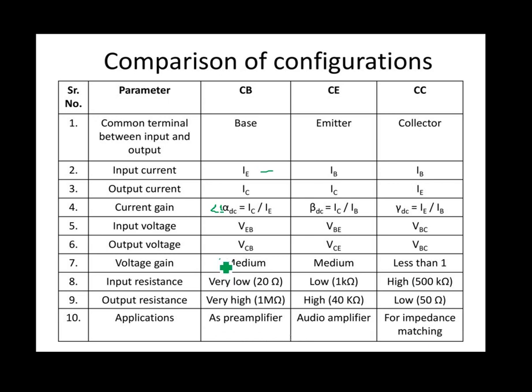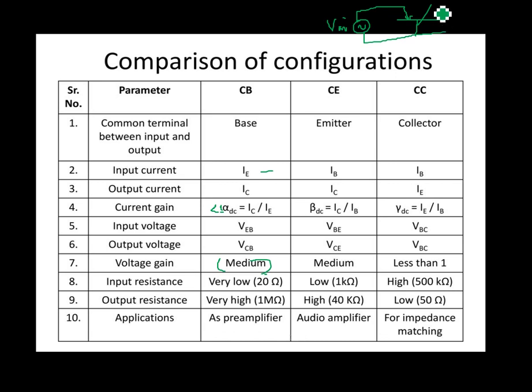Now regarding this voltage gain, if you want me to explain, I can explain it for the common base configuration for the time being for your understanding. So for common base, consider this PNP transistor. Now this is properly biased. I am just showing you the input signal here, V in.